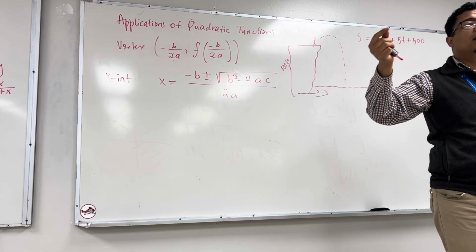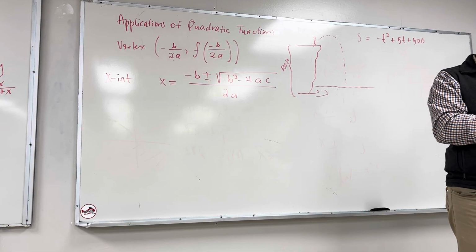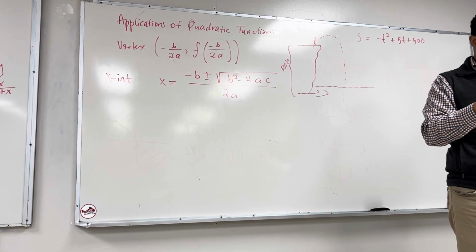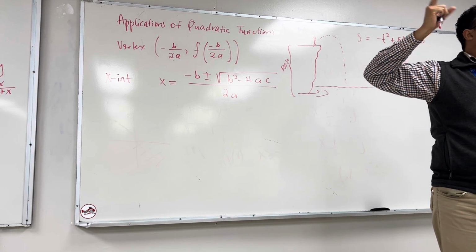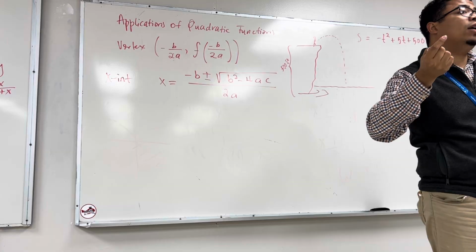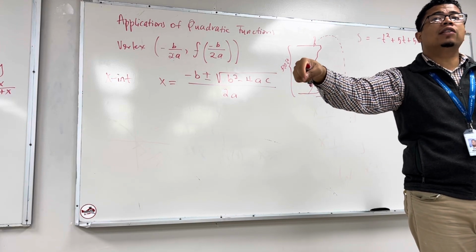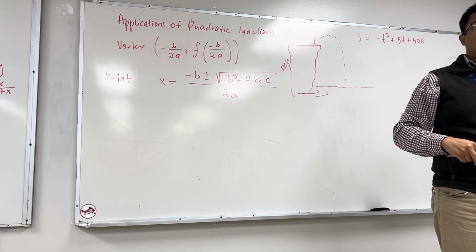Does that make sense? So would we plug in 0, considering that we have been told in the problem that when the pebble hits the water, will we plug in 0 in T or S? In S, obviously, because you need to find what T is when S is 0. Why 0?